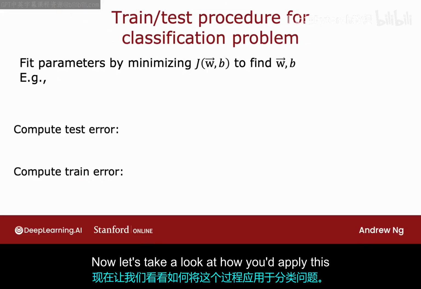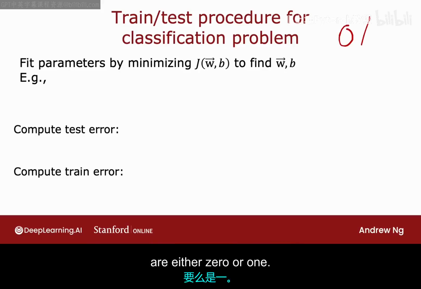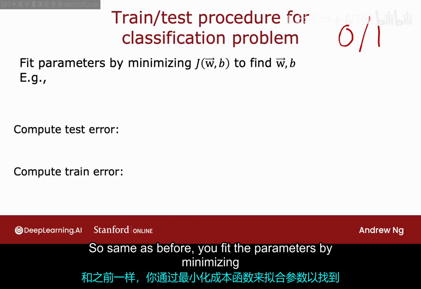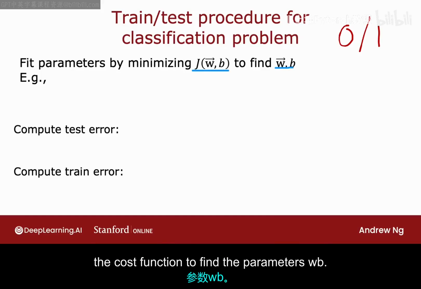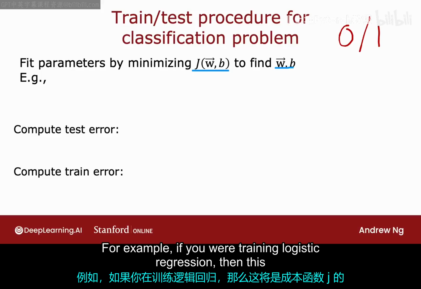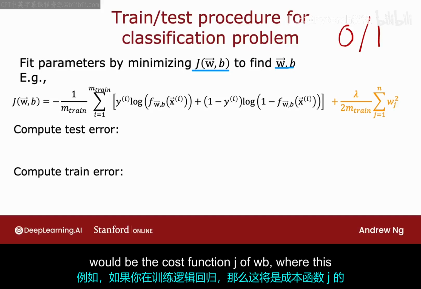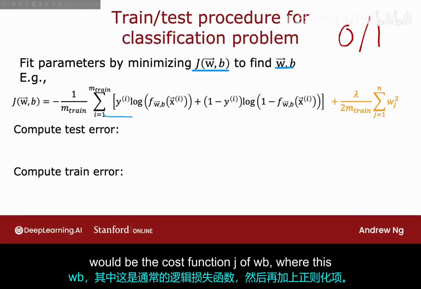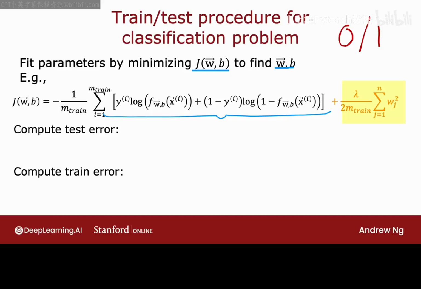So that was regression with squared error cost. Now let's take a look at how you'd apply this procedure to a classification problem. For example, if you were classifying between handwritten digits that are either 0 or 1. So same as before, you'd fit the parameters by minimizing the cost function to find the parameters W, B. For example, if you were training logistic regression, then this would be the cost function J of W, B, where this is the usual logistic loss function, and then plus also the regularization term.